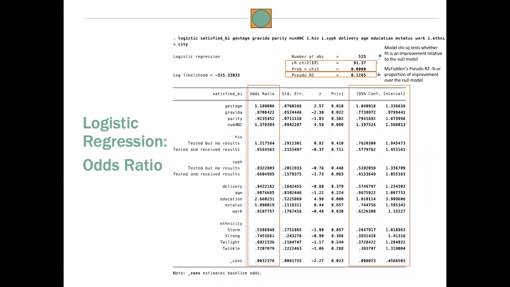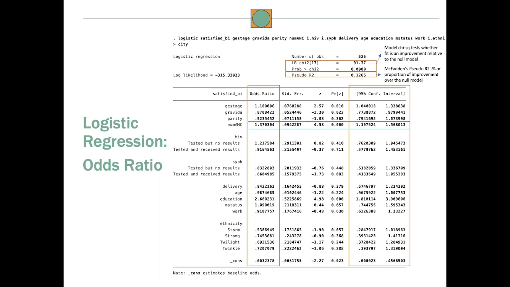So now let's focus on the odds ratio column and the 95% confidence interval column in the orange boxes. We know a predictor is significant because our p-value will be less than 0.05 and the confidence interval will not include the value of 1. And so our first significant predictor is gestational age. The p-value is 0.01, which is less than 0.05, and our confidence interval does not contain a value of 1. Gravida, in the same way, has a p-value less than 0.05, and the confidence interval does not include the value of 1.